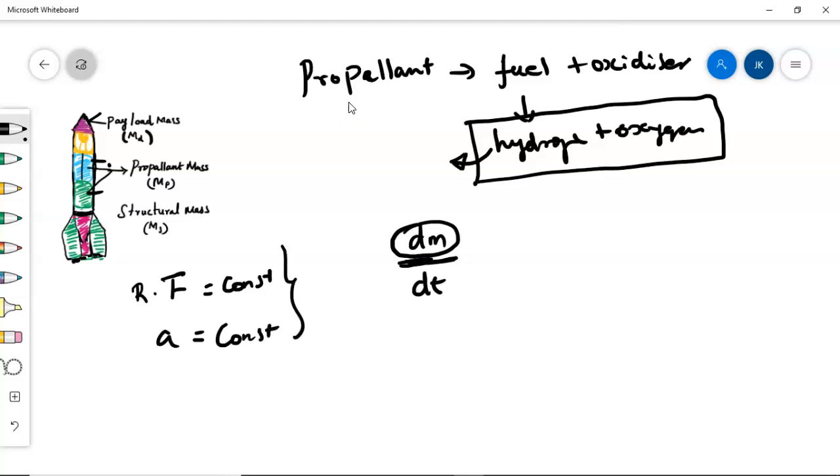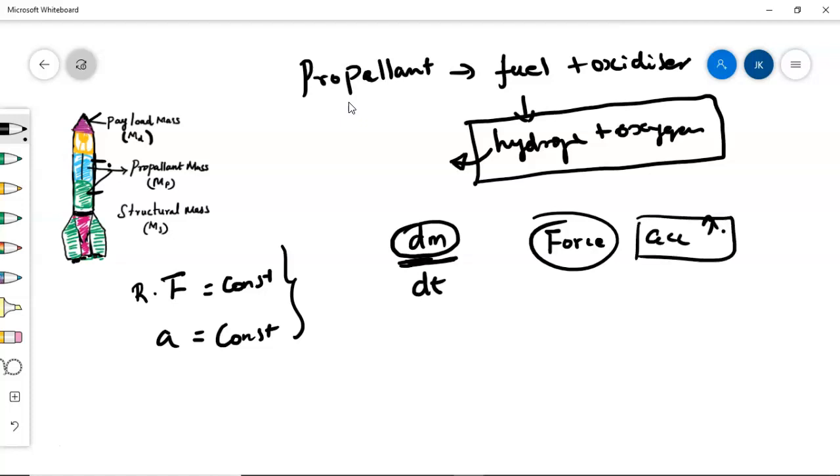But what actually happened with the rocket? Force is constant here. The thrust, the total force acting on the rocket, is constant, but acceleration increases. Is it possible? If the resultant force is constant, acceleration must be constant according to Newton's second law.